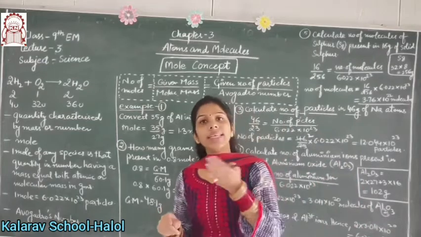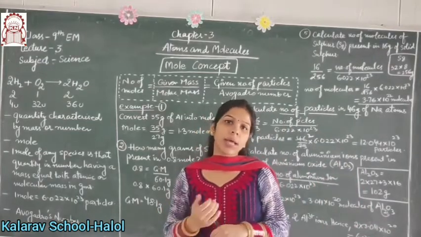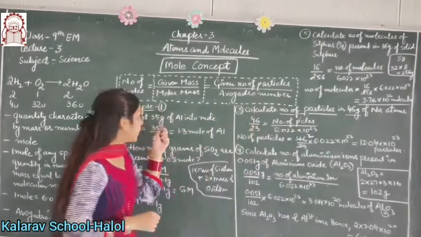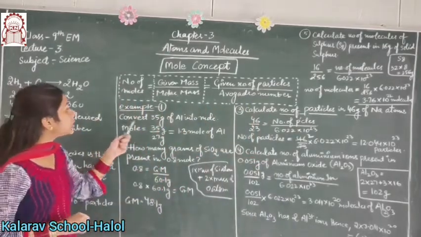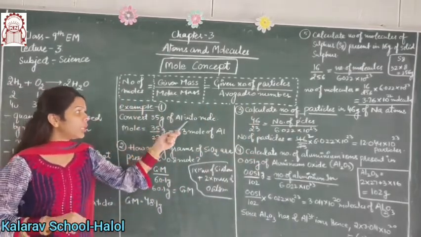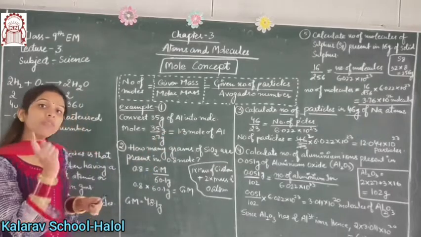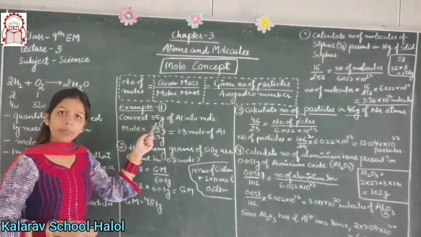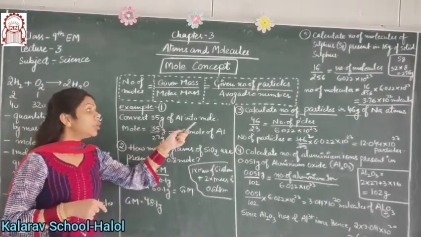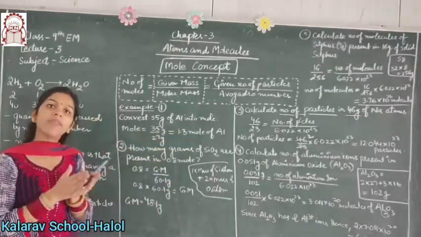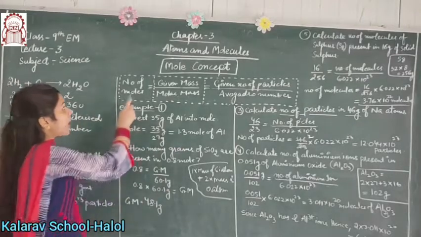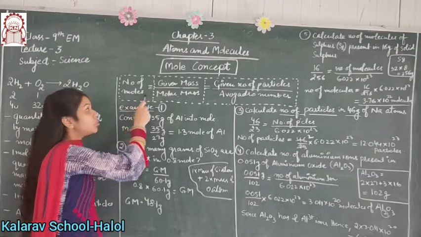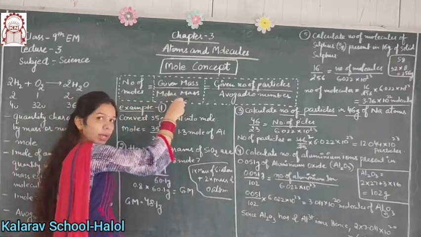On these formulas I have a few examples which I am discussing here. Example 1: convert 35 gram of aluminium into mole. You have to see what is given to you. That is 35 gram, that is mass, and you have to find the mole. So we use the formula: number of moles equals given mass upon molar mass.